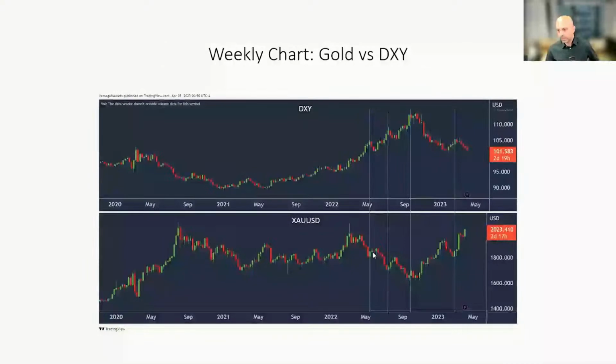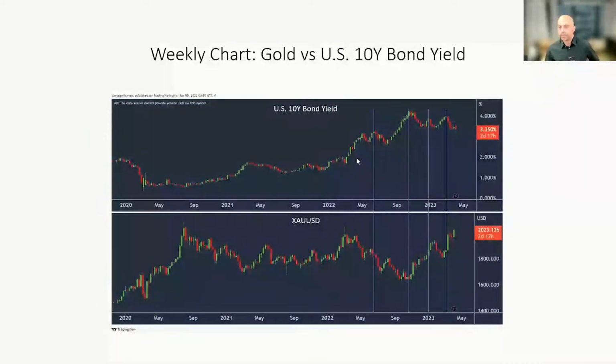So if you track the 10-year bond yield and the US dollar and use that as a guide to see where they are heading together, it will give you a good indicator of what we can expect for the price of gold. Essentially, in the third quarter of 2022, bond yields peaked and the dollar index peaked as well, roughly. At the same time, they both started to pull back.